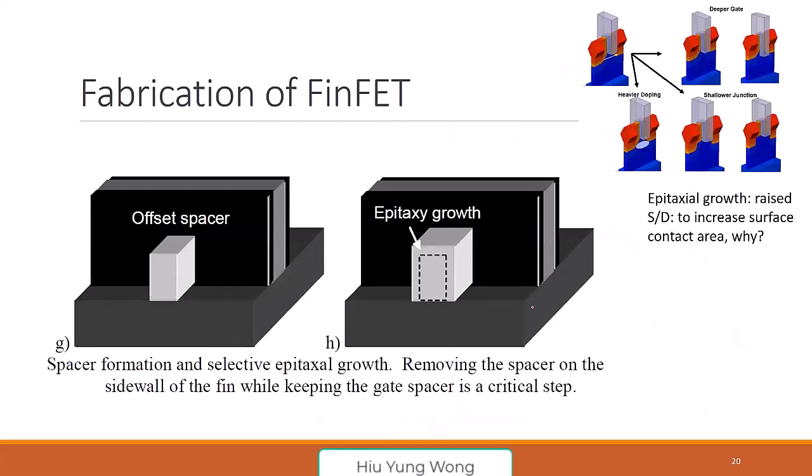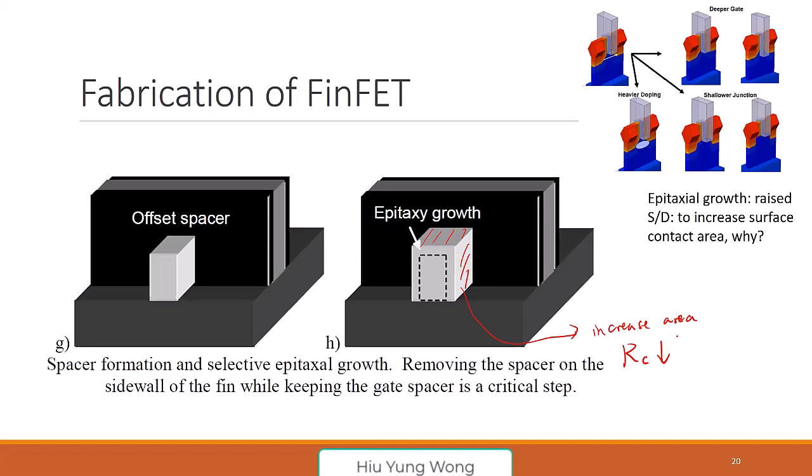After that, we will do something called epitaxial growth. Because this is very small and it has very large contact resistance, right? So we want to increase the area. This will increase the area so that the contact resistance to the source drain will reduce.